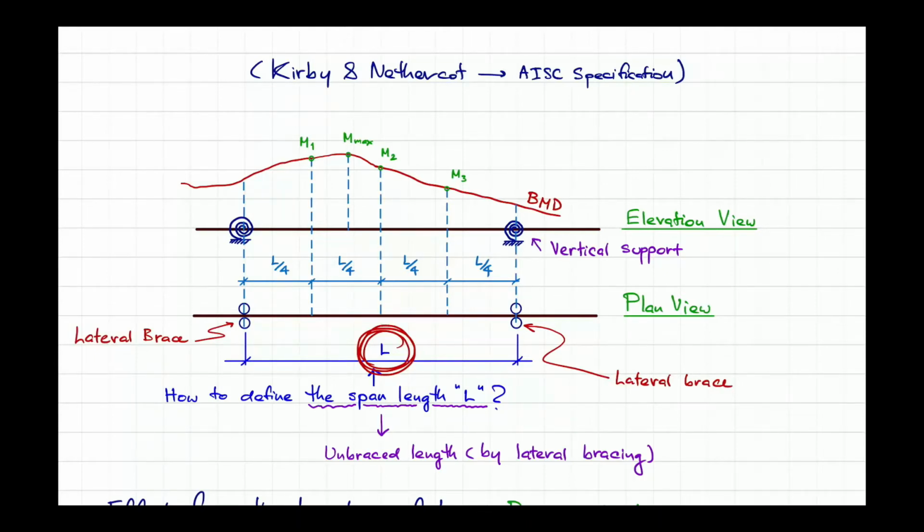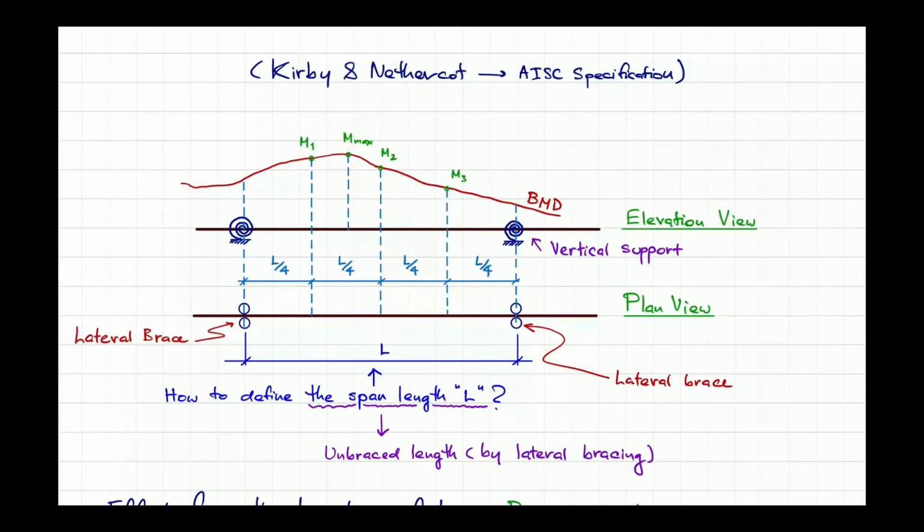But the point is that the L in the code refers to the unbraced length, and the unbraced length is associated with the lateral bracing.